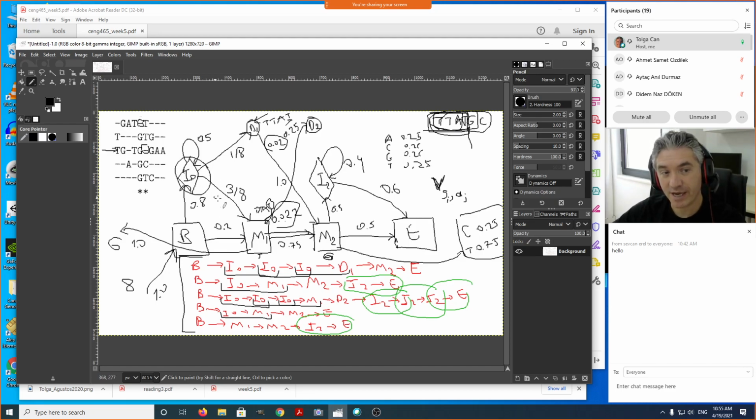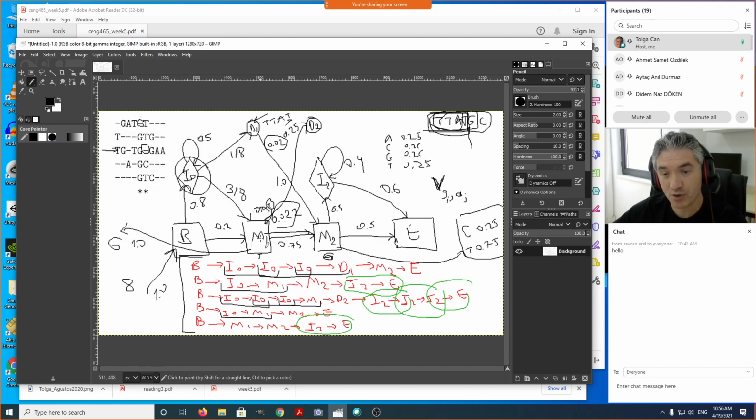Therefore, I need to multiply 0.8 with 0.25, and then another 0.5 to emit the second T, and 0.25 to go to I0 again. So I need to go to I0 three times to observe this TTA.